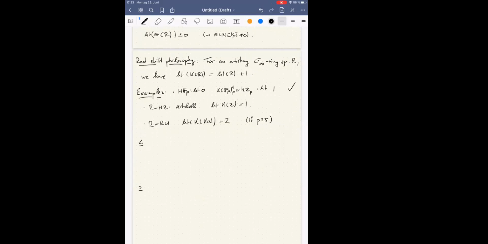Bounding the height from above is usually approachable with more conceptual techniques, while bounding it from below usually uses some calculational techniques, at least so far, at least in the case of Ausoni-Rognes. Bounding the height from above is known in many more cases.